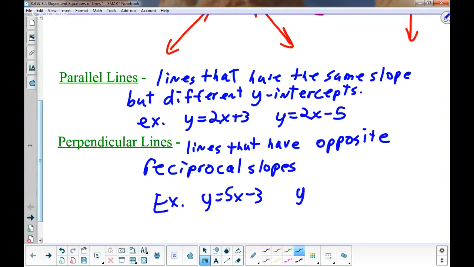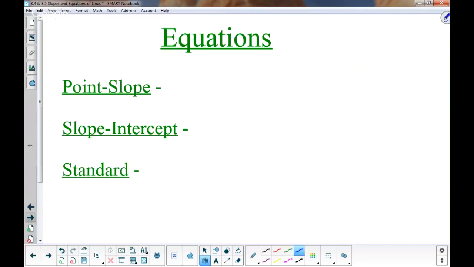The opposite reciprocal of that would be y equals negative 1/5 x. And then, of course, your intercept doesn't matter at this point. I'm just going to go ahead and put plus 3, but it doesn't matter. They could actually have the same y-intercept as long as the slopes are opposite reciprocals. So if we're talking about 5, you get negative 1/5. And if we're talking about something like 2/3, it'd be negative 3/2. So make sure we have that correct.